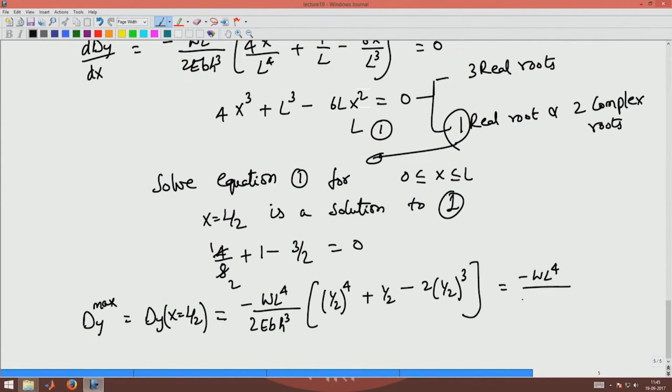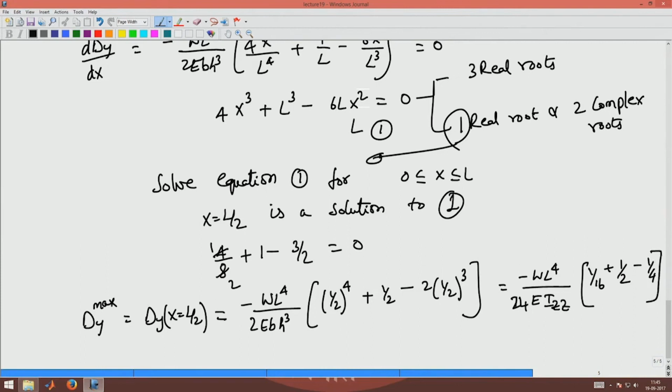I reintroduce Izz. So, this will become 24 E Izz, because it is by 12 multiplied by 12 into 1 by 16 plus 1 by 2 minus 1 by 4.